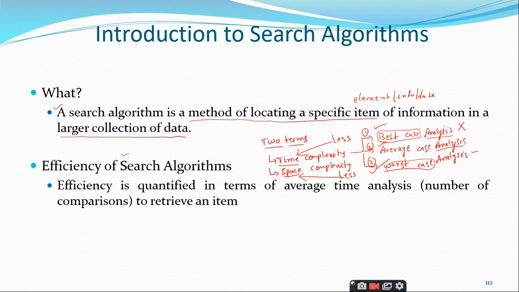Time complexity calculates the total time taken by the algorithm to execute, and space complexity refers to the total space occupied by the algorithm. Within time complexity, we have seen three different cases: best, average, and worst case. And we discussed that the worst case analysis should be considered to find the efficiency of the algorithm.